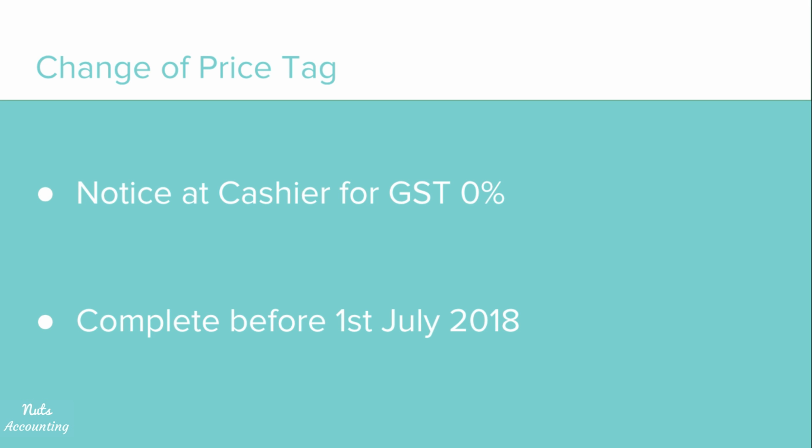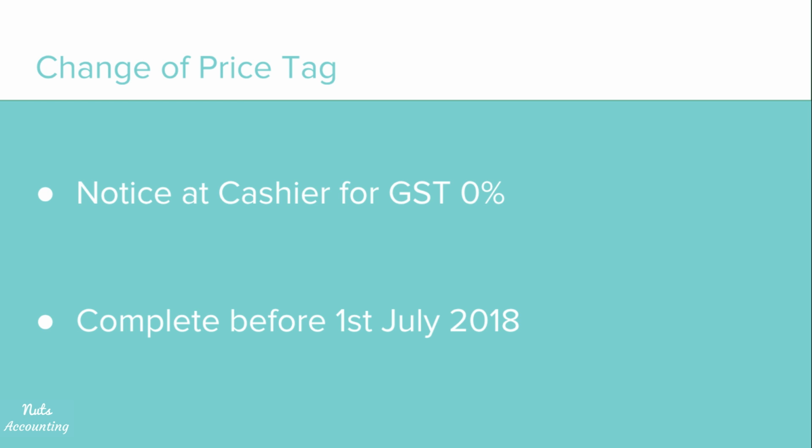Alright, so if you have a lot of price tags to change, Customs has an allowance of 1 month before 1st of July 2018. They give you 30 days, a 1 month grace period for you to do your changes. And what you need to do is, the old price tags that you have, you can slowly change, but you must make sure that you complete before 1st of July.